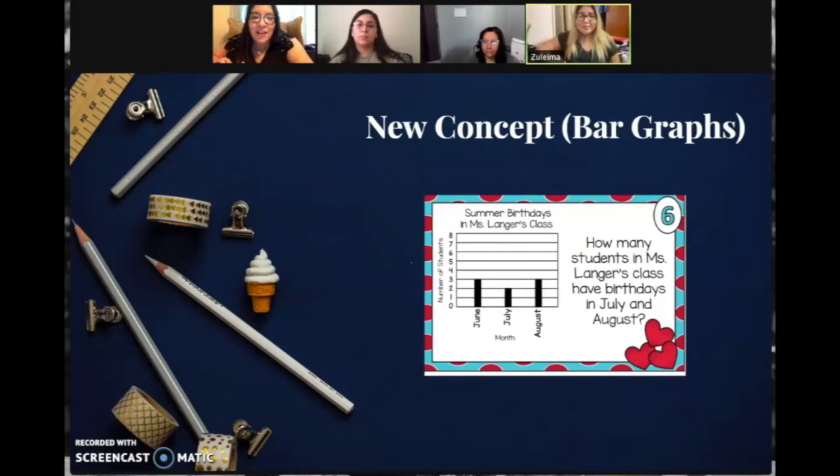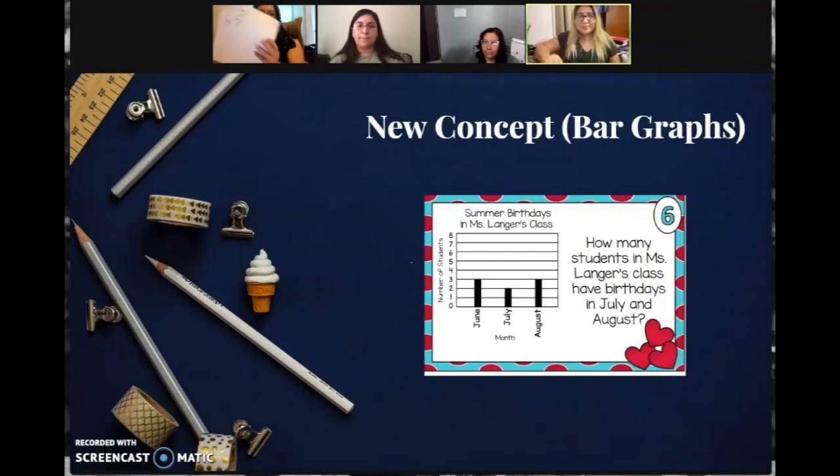So let's go ahead and look at the month of August and let's look at the bar on our bar graph. As you can see, it goes all the way up to a line. Can you tell me what number on the left-hand side, the label, that line goes up to? Oh, sorry, it's 3. Good job.